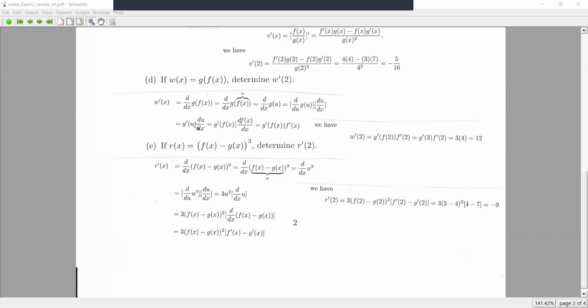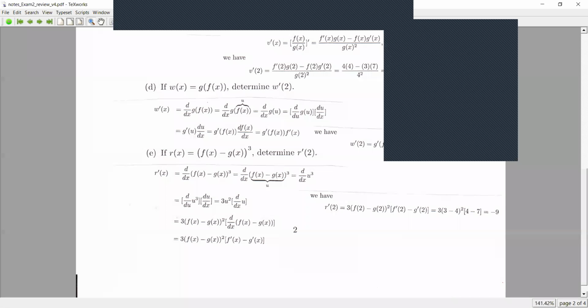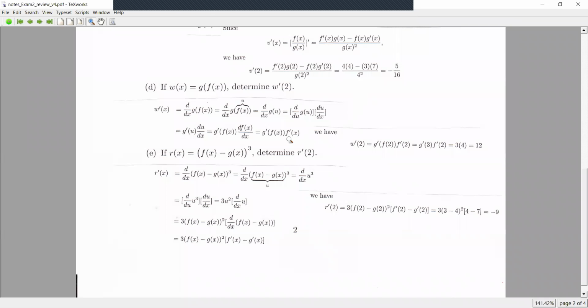Now, delete u by plugging f of x in the u here. Then I have this equation. Derivative of f with respect to x in the prime notation is f prime of x. Now, plug in 2 in the x here, then derivative of w at 2 is this.